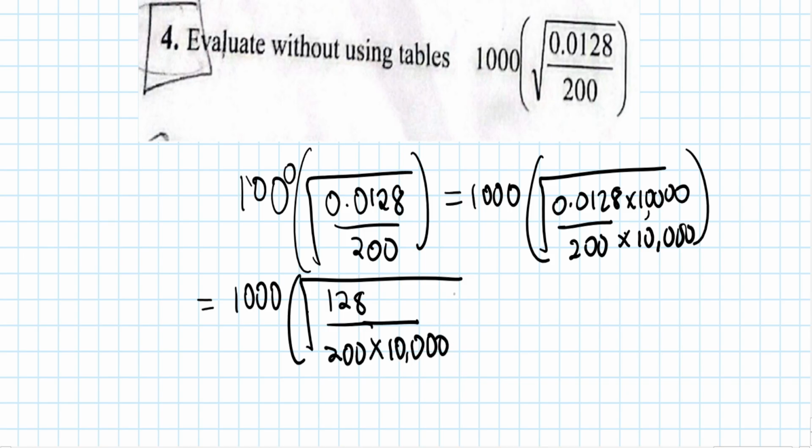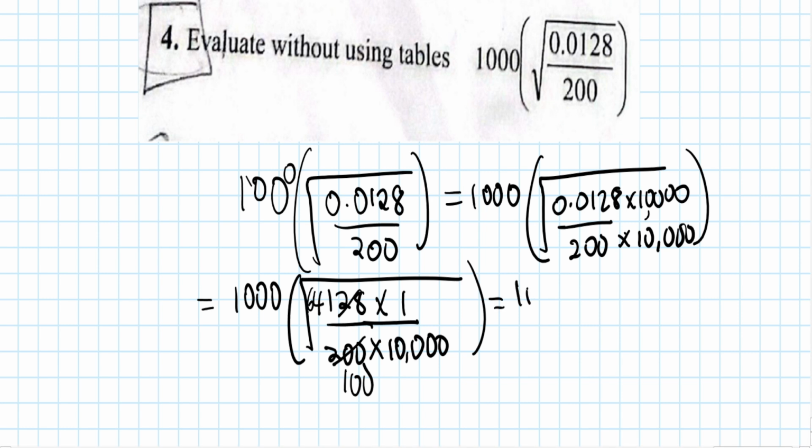Just imagine there's times 1 here. So what we normally do is just simplify. Obviously you need to simplify a lot of things. 200 divided by 2 gives you 100, 128 divided by 2 is 64. Okay, and then obviously it's done.